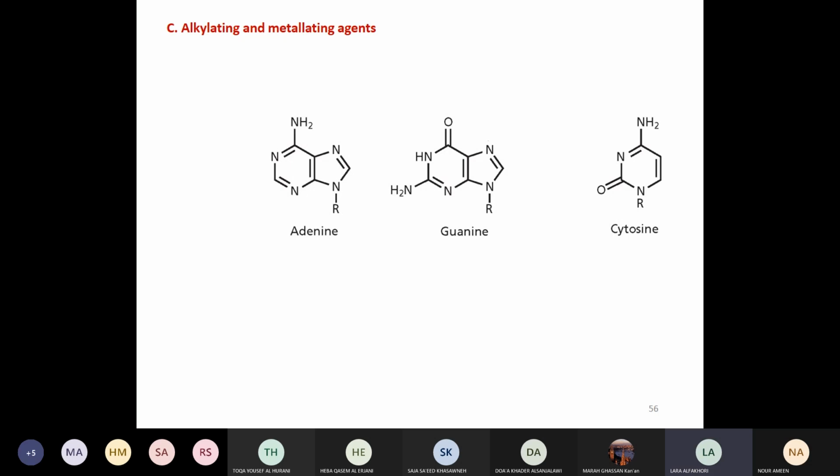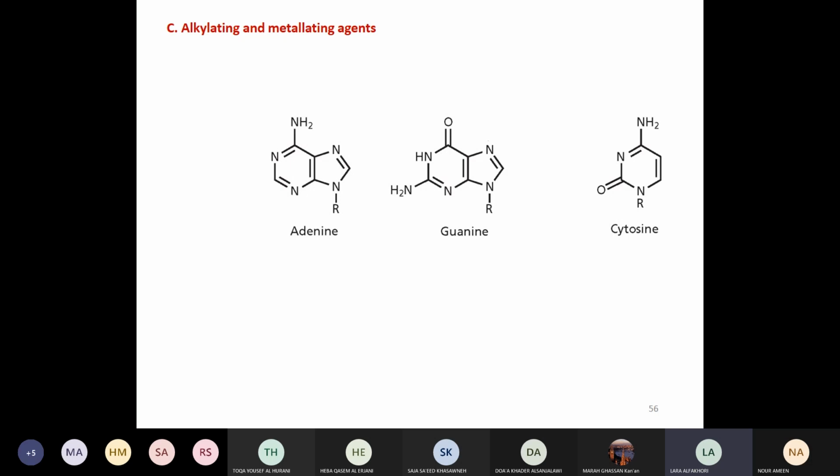What are the most reactive parts of DNA? We have a backbone composed of phosphates and sugars, and the nucleic bases. Alkylation could occur on the oxygens of the phosphates, but the nitrogens in the nucleic bases are actually more nucleophilic.